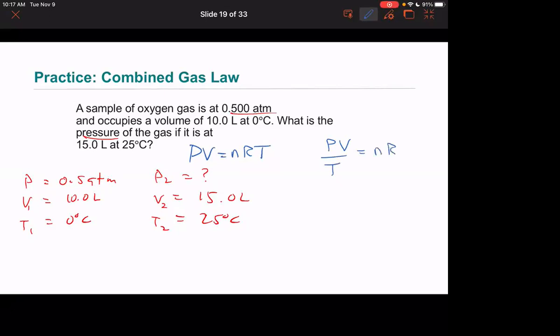I now have the equation effectively saying P1 V1 over T1 equals P2 V2 over T2. See how I just grouped the ones that were changing together and the ones that were constant together, then set the ones that are changing equal to each other using ones and twos. And now we can solve it.